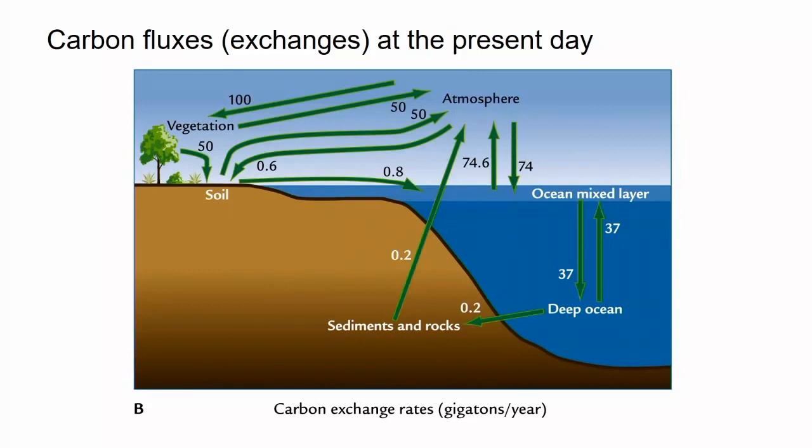You can see that the flux between the atmosphere and vegetation is quite big. There are big changes in that flux, so that's going to change quite quickly. That's not something we're really going to be looking at. But the flux between rocks and the atmosphere is tiny. It's a very small flux, very slow. So maybe this can explain very long-term changes.